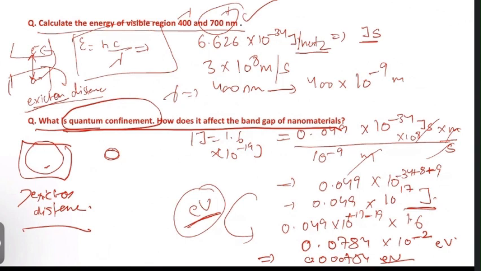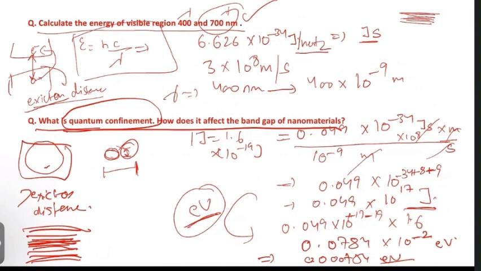We get continuous layers of energy. We cannot distinguish between the layers because there are continuous arrays. Whereas if we take a quantum dot or a nano-sized particle, the exciton distance remains the same, but since the size of the particle is less than its exciton distance, it gets confined within that range.